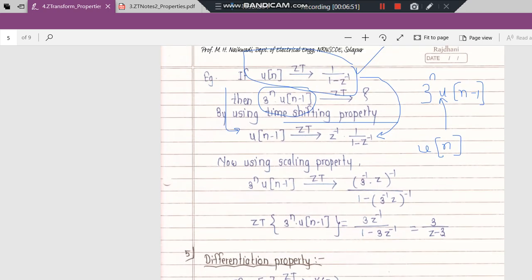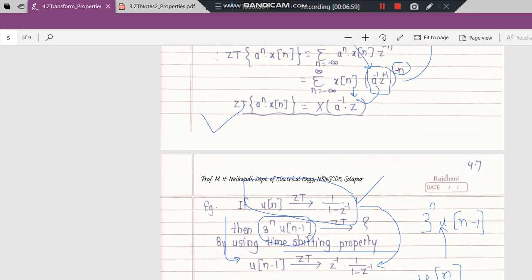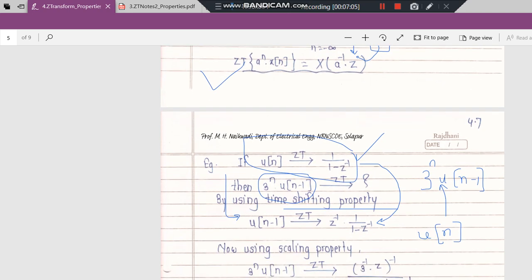Now you can use the scaling property. Here it is a raised to n. When it is a raised to n, you have to transform z to a raised to minus 1 times z. So instead of z, we substitute a to the power minus 1 z, and a in this case is 3.